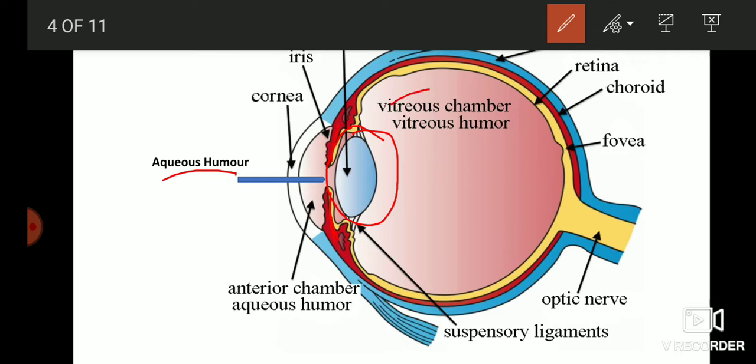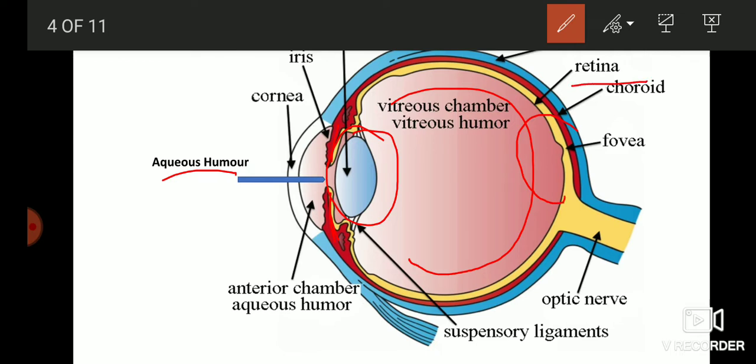Behind the lens there is a chamber known as the vitreous chamber, where a liquid known as vitreous liquid is present, which acts as a refractive medium. So when light passes through the medium it gets refracted. After passing through the lens, the light makes the image on the wall known as the retina.